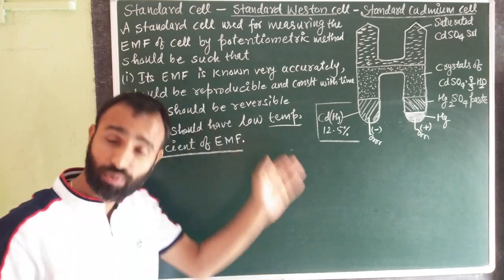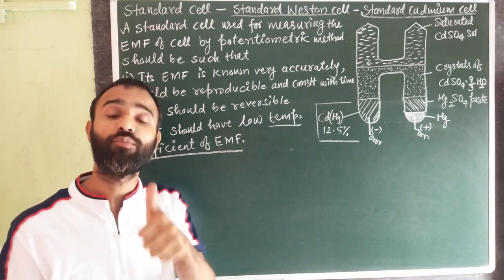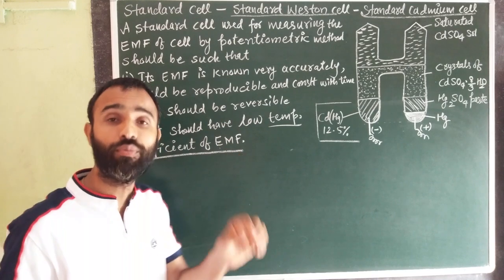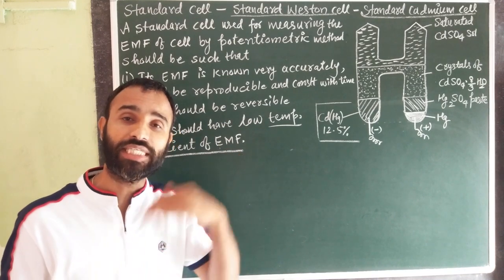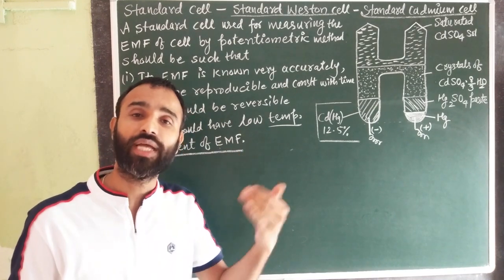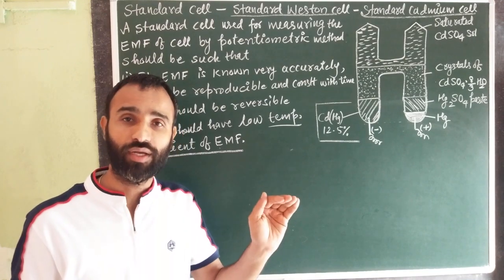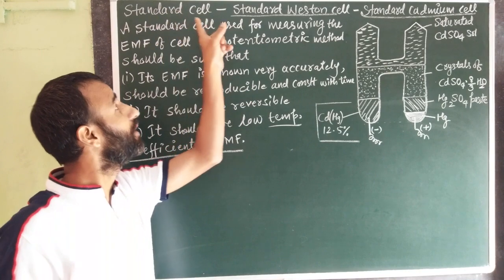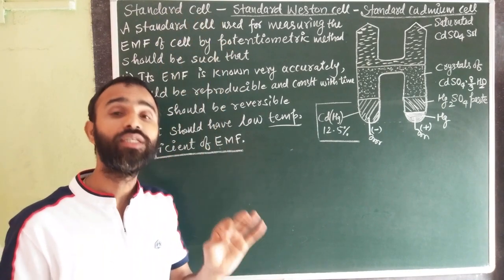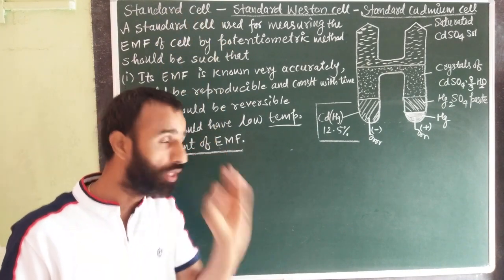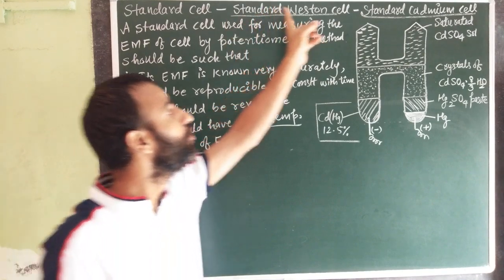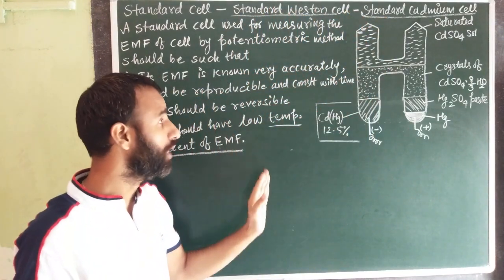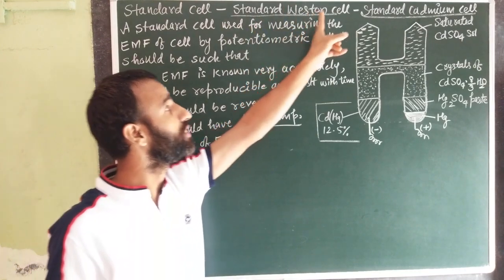It should be reversible, and most important, its temperature coefficient of EMF should be low, meaning the change in EMF with temperature is negligible. These are the three requirements for a standard cell, and these requirements are met by the standard Weston cell.